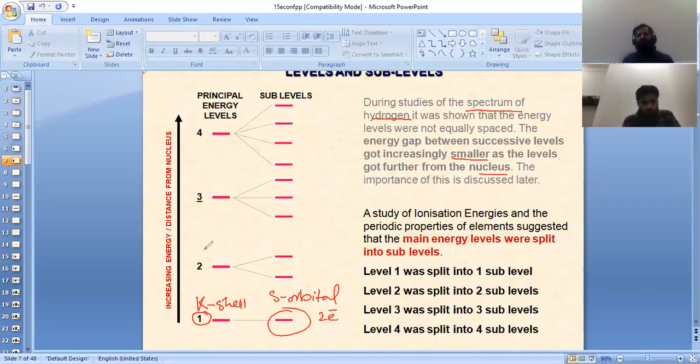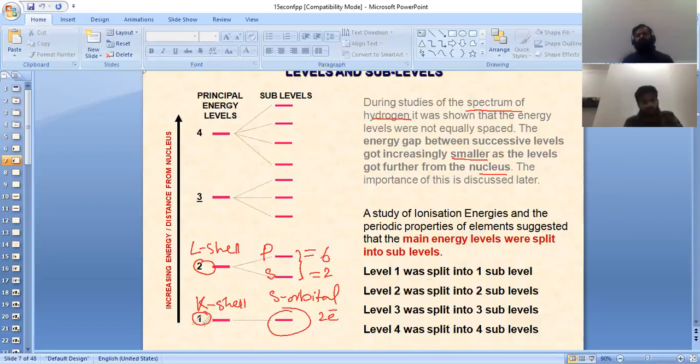When they observed the second shell, the L shell, how many sublevels did they observe? 2 sublevels, S and P. In S, maximum 2 electrons, and in the P subshell, maximum 6 electrons.